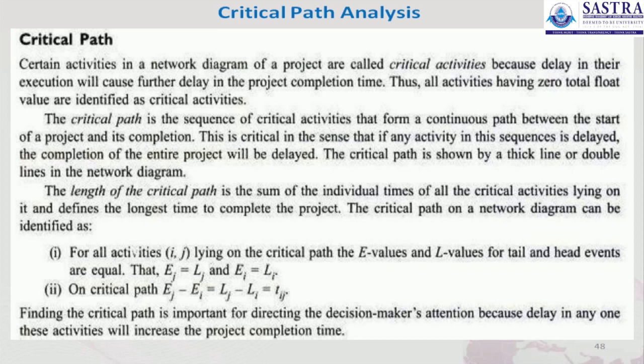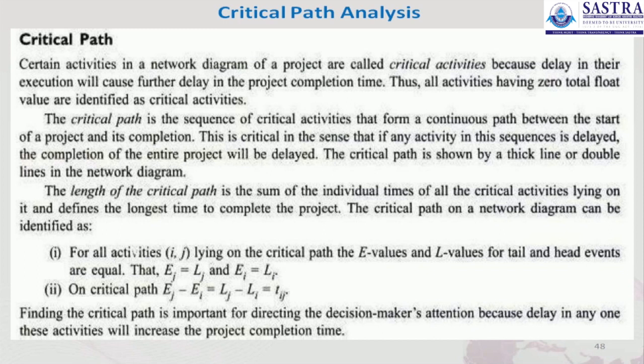Certain activities in the network diagram of a project are called critical activities, because delay in their execution will cause further delay in the project completion time. Thus all the activities having zero total float value are identified as critical activities. The critical path is the sequence of critical activities that form a continuous path between the start of a project and its completion.